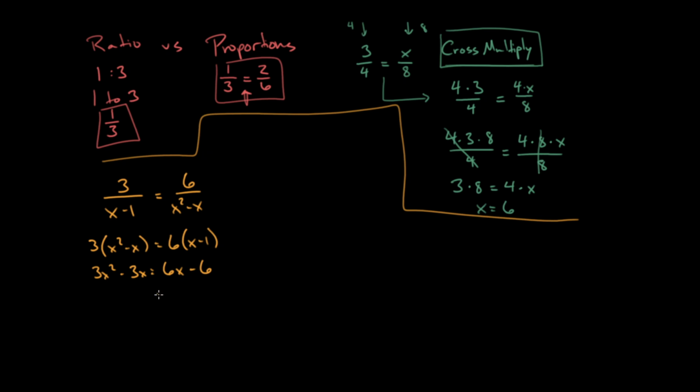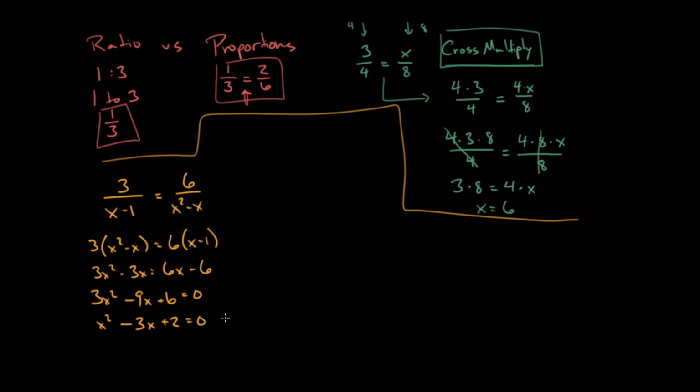I'll collect all my terms on one side, and I will have that 3x squared minus 9x plus 6 is equal to 0. So I'm going to have to factor this, but before I do that, I might as well just divide everything by 3 to simplify this for me. And what I will have is x squared minus 3x plus 2 is equal to 0.